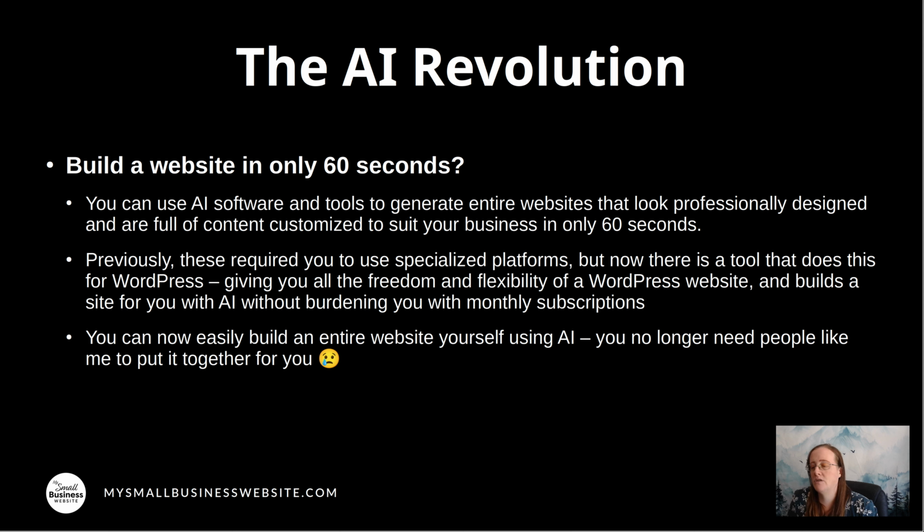That means you can generate the content and have it insert images and build a design and a layout, and it will give you different versions to choose from. It gives you a lot of flexibility, a lot of options that are just not possible with humans doing it. It can look very professional, it's customized to suit your business, and the AI is able to do it instantly.